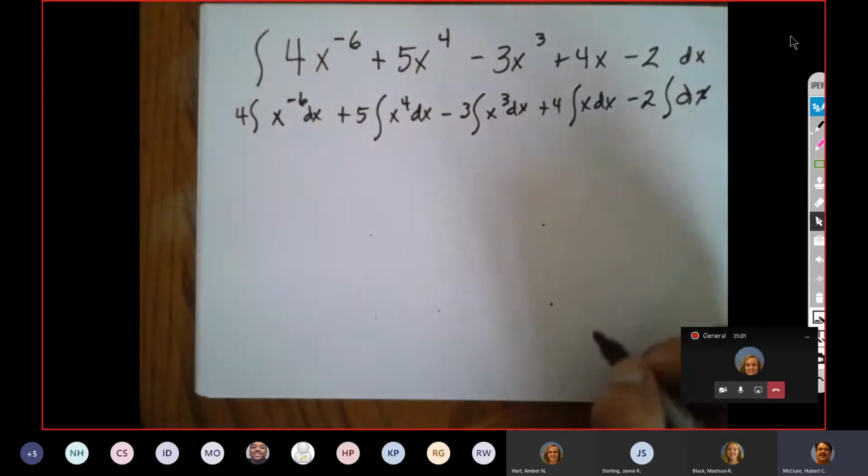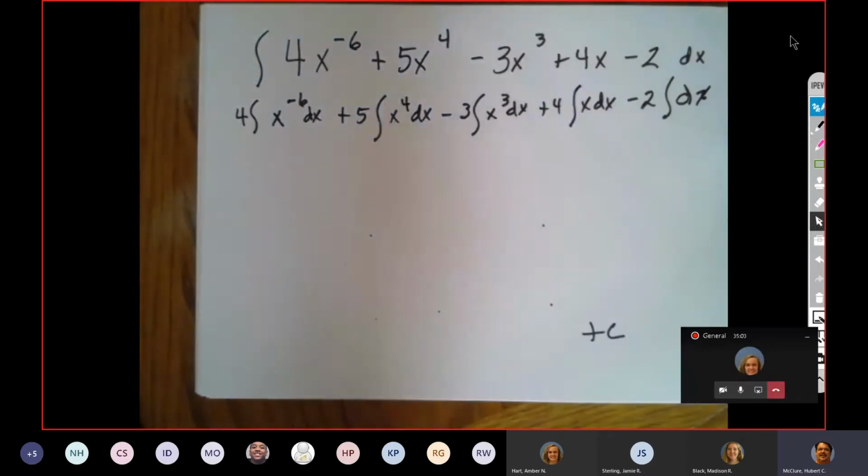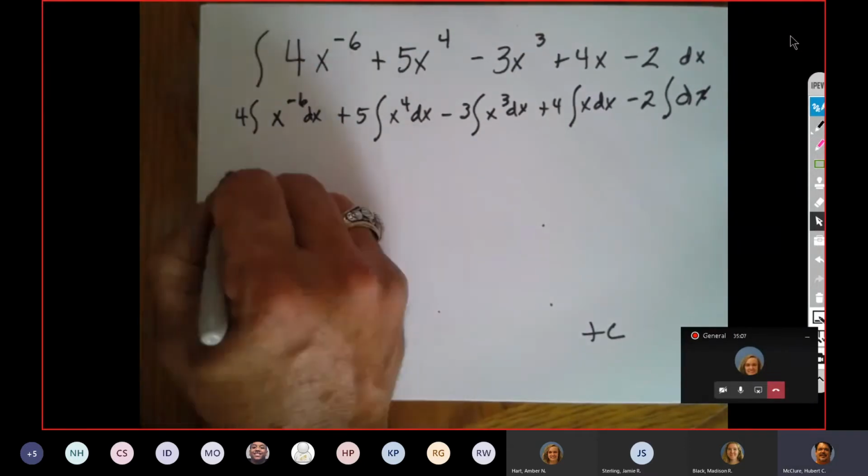So I don't know how long this problem is. So that's going to be 4 parentheses.